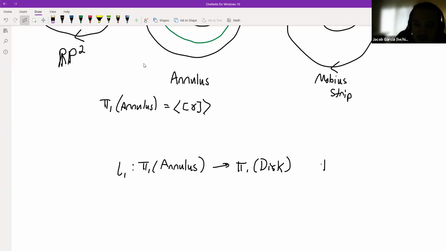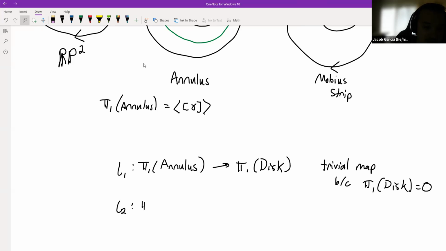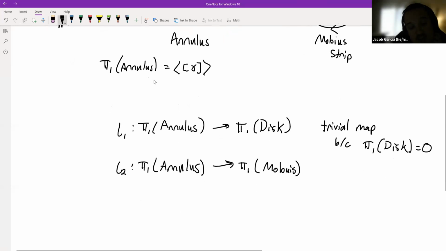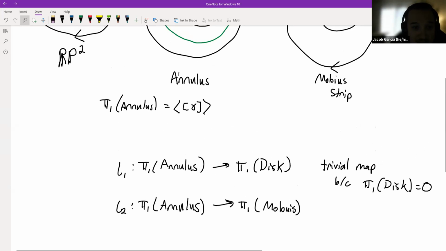And this is just the trivial map, because pi1 of the disk is trivial. And I have I2, which sends pi1 of the annulus to pi1 of the Mobius band. And I can determine what a group homomorphism does by just looking at its generators.